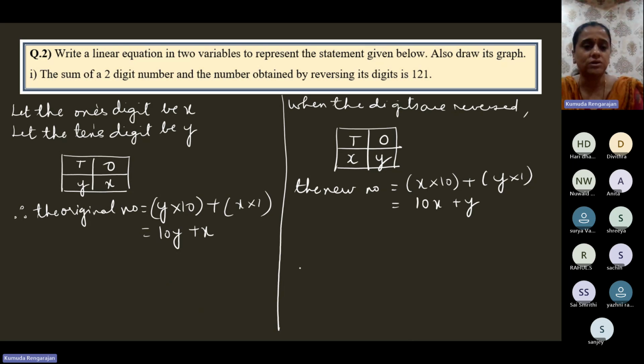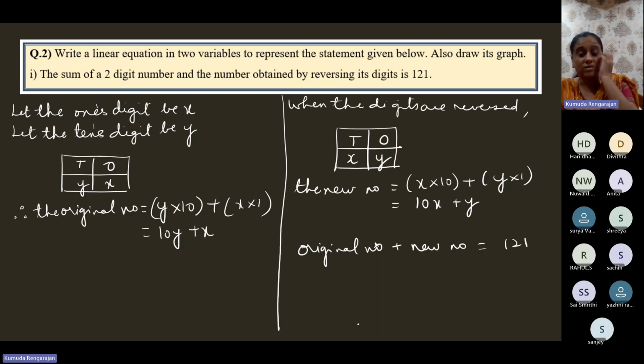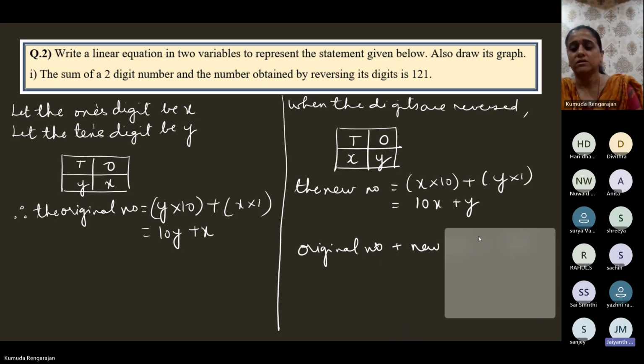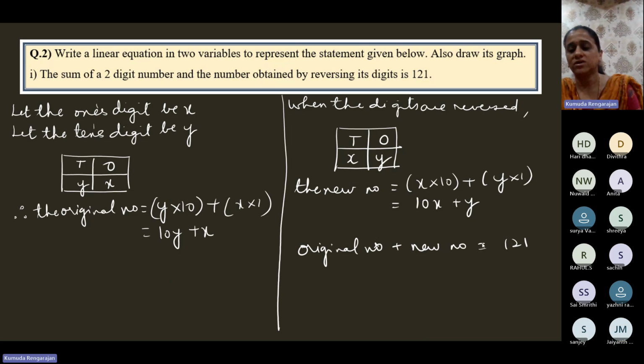Now what is the information? Let me write it in words: original number plus new number is equal to 121. When you add the two-digit number and the number obtained by reversing its digits, the sum is 121.